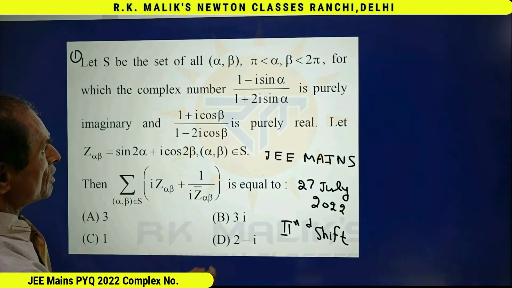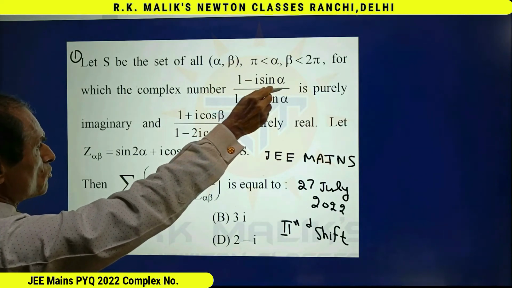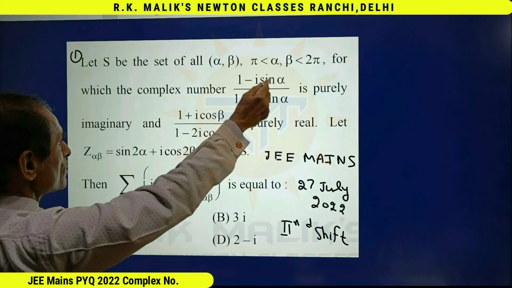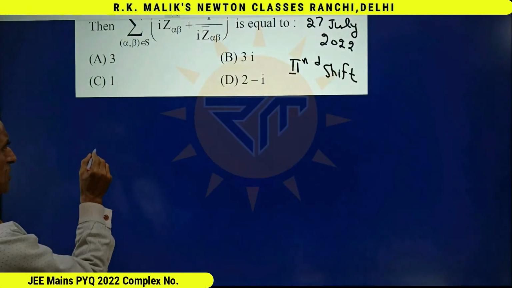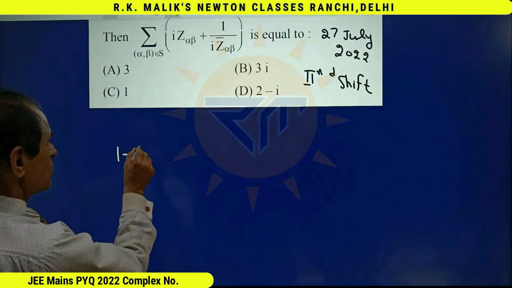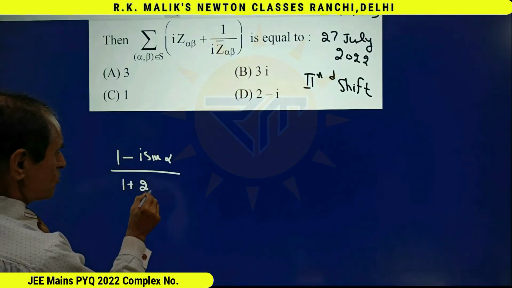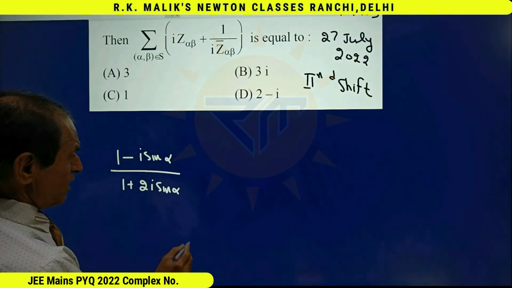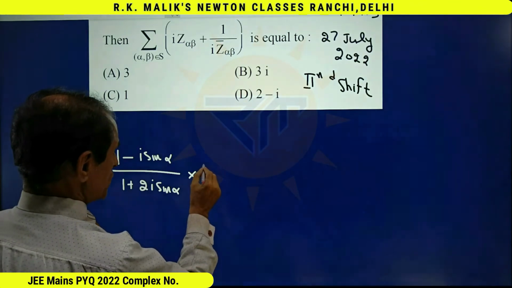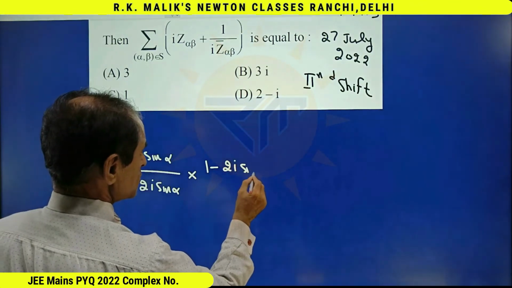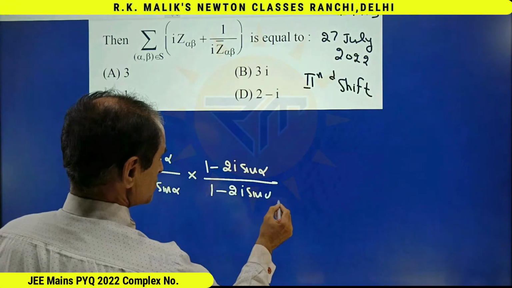To find the value of alpha, I'll find the real part of it and put it equal to 0 because it is given that this is purely imaginary. To simplify this, I proceed as 1 minus i sin alpha upon 1 plus 2i sin alpha. To simplify it, I multiply and divide by the conjugate, 1 minus 2i sin alpha upon 1 minus 2i sin alpha.